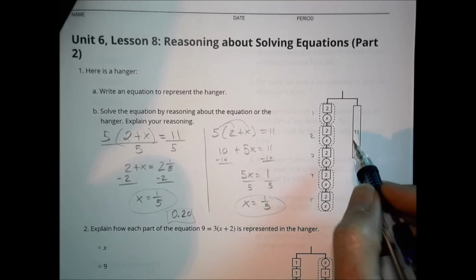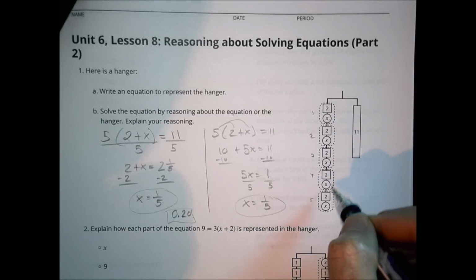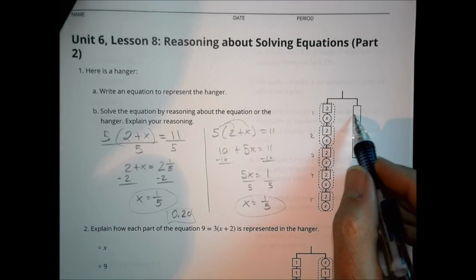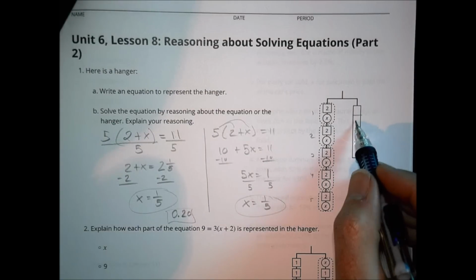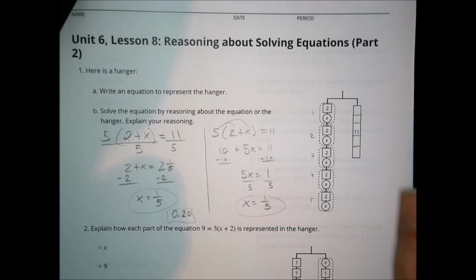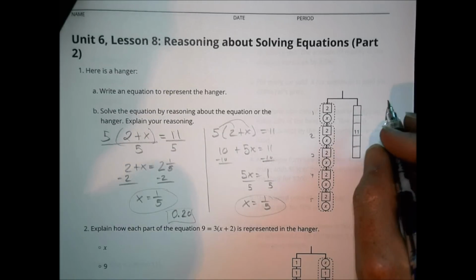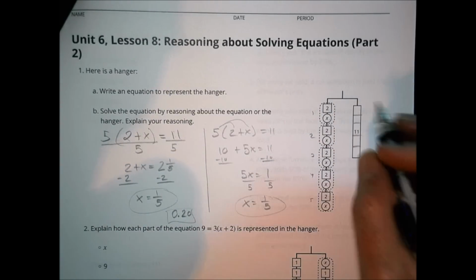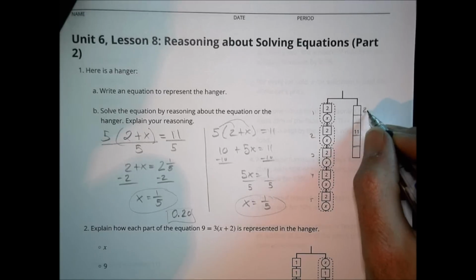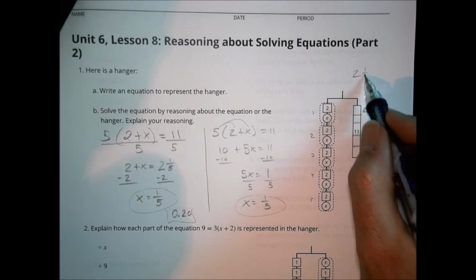Could I do it with a hanger? Sure I could. With a hanger, we're looking at these 5 groups, and we'd separate this into 5 sections, 1, 2, 3, 4 sections like that. And when we divide 11 by 5, you end up with, like we said, 2 1/5. 2 1/5 is equal to 2.2.